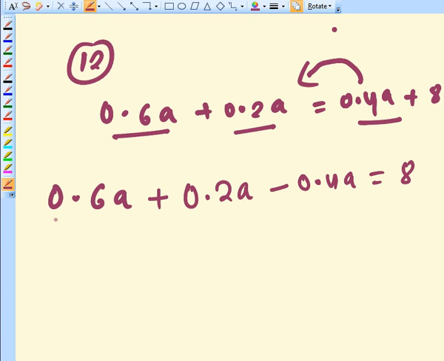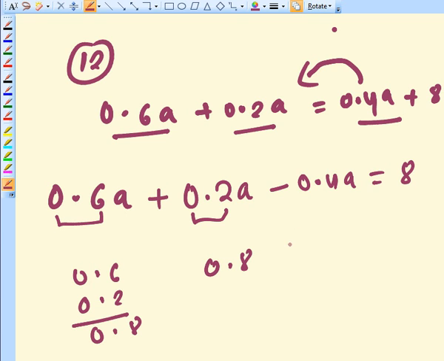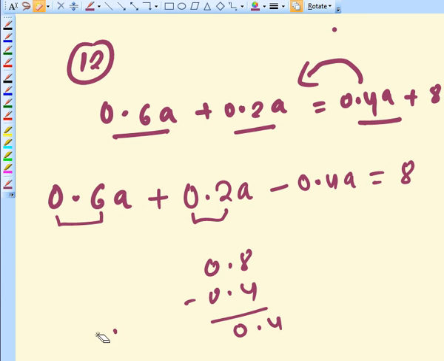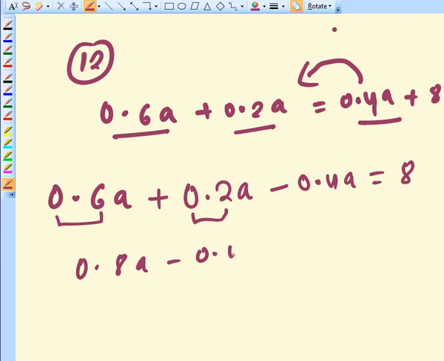Now you are having 0.6 plus 0.2. So 0.6 plus 0.2, you will get 0.8. Then 0.8 minus 0.4, you will get 0.4. So 0.6 plus 0.2, 0.8a minus 0.4a equals 8.